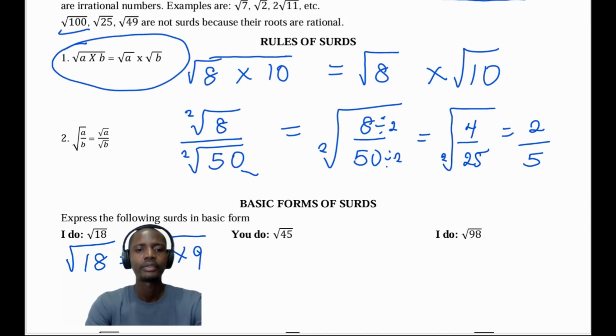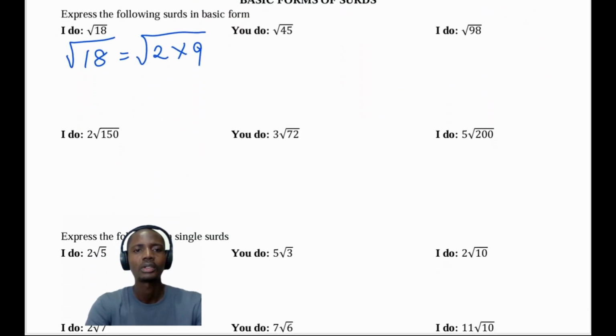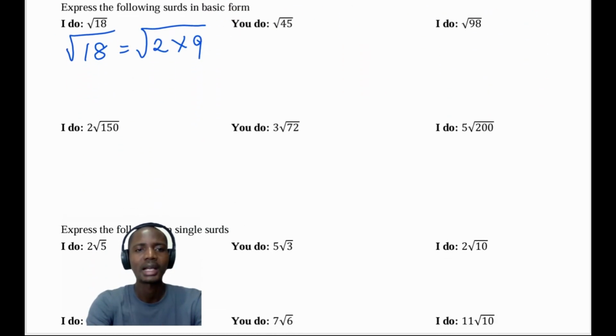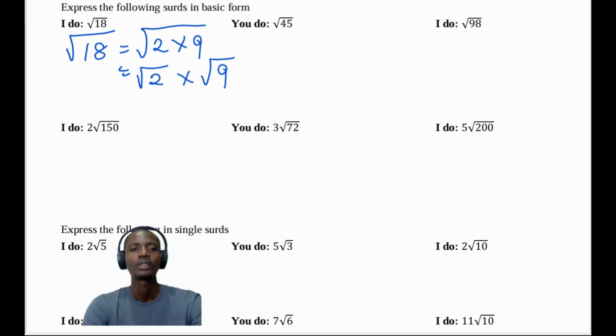Now that I have root 2 times 9, I can express this as the root of 2, the square root of 2, times the square root of 9. You see that? Now, the square root of 9 is 3.